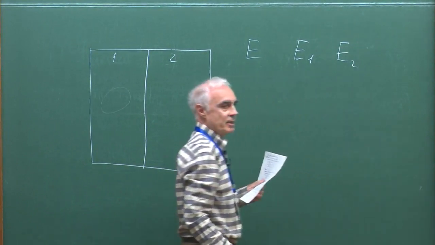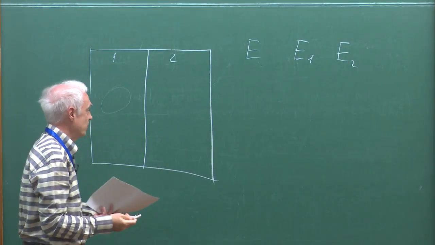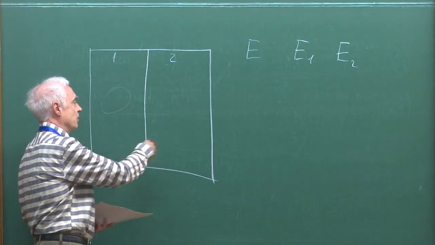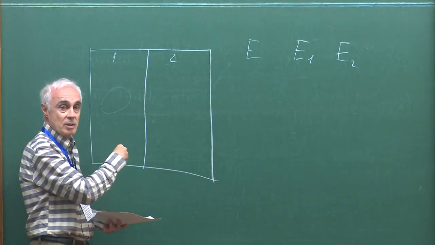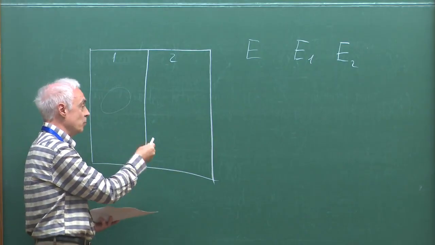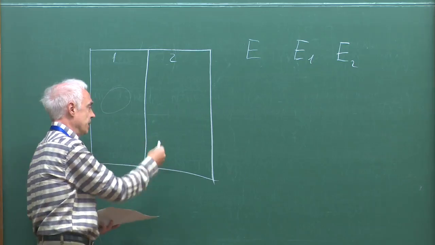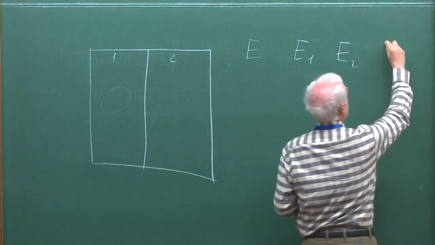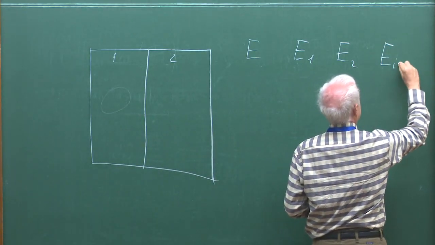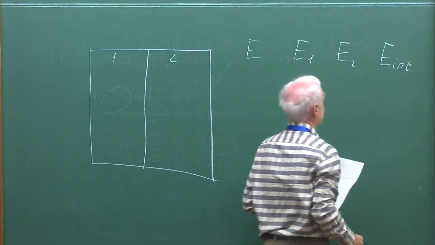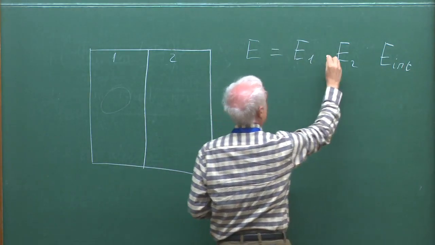Then, if you consider the final part of the Hamiltonian, the one that involves particles in both parts of the system, maybe one particle here and the other particle there, you have a final term, let's call it E interaction. And obviously you have E = E1 + E2 + E interaction.